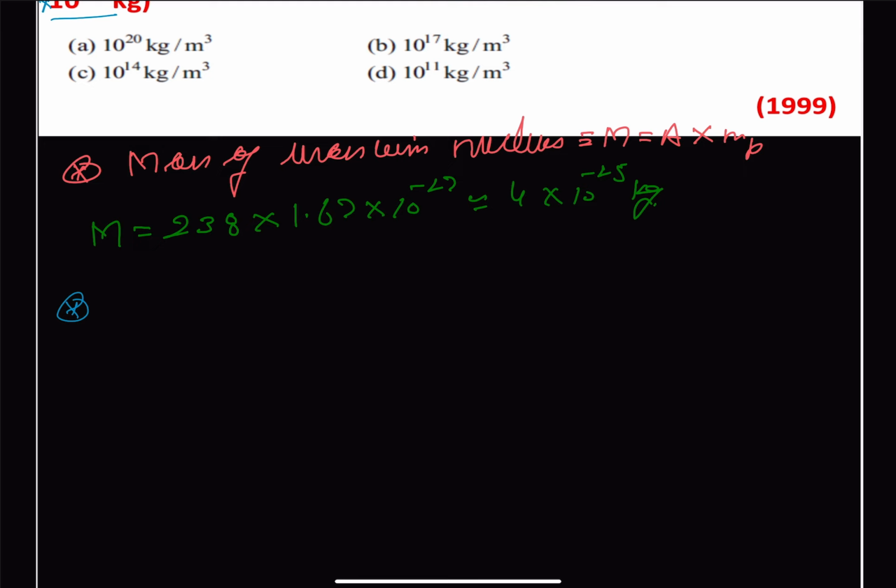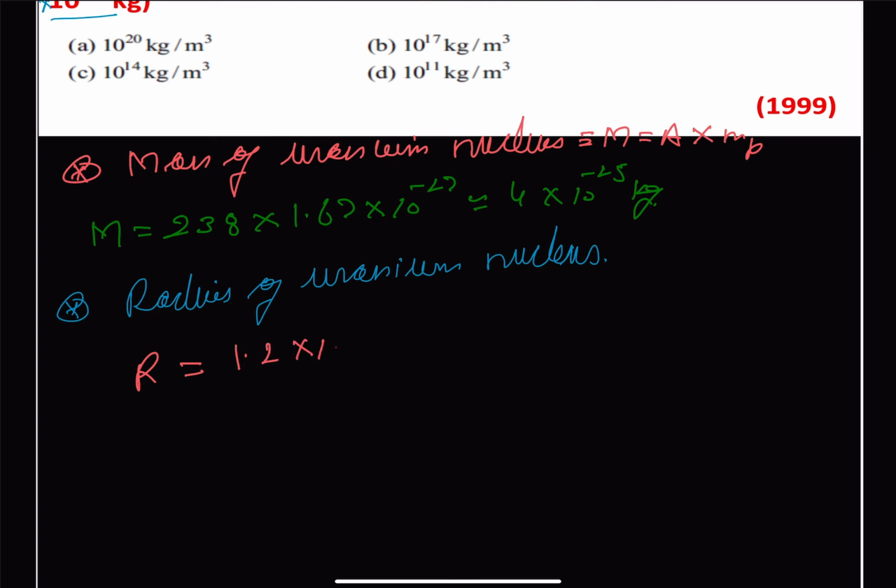So the radius of uranium nucleus, that is our R, will be equal to 1.2 into 10 to the power minus 15 multiplied by 238 to the power 1 by 3.